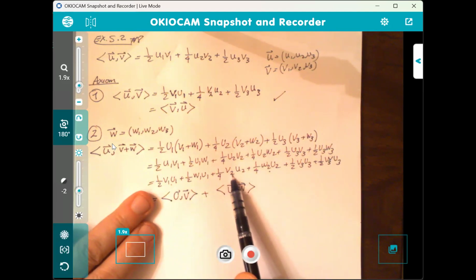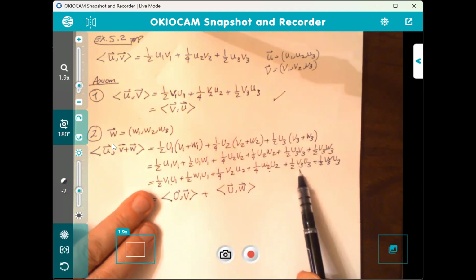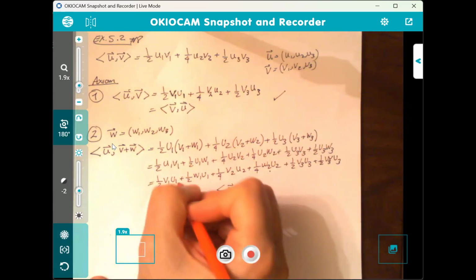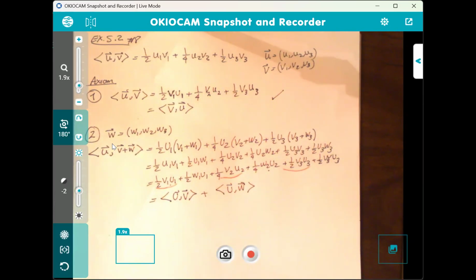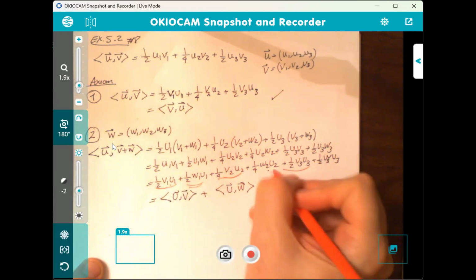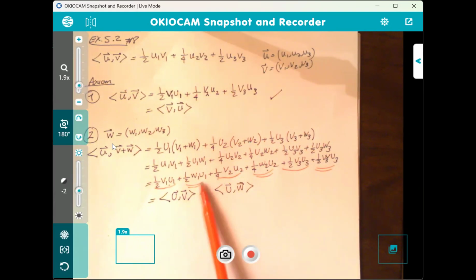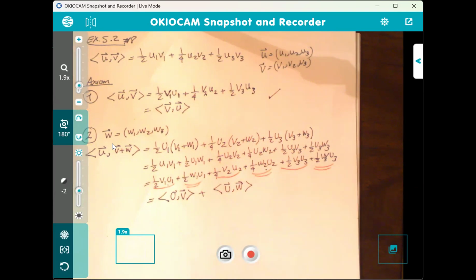There it is. 1/2 v3 u3. There it is. So in other words, I am grouping this one and this one together. That would be u dot v, the inner product. And then this one and this one is the dot product of u and w, the u w components. And there we showed that one.